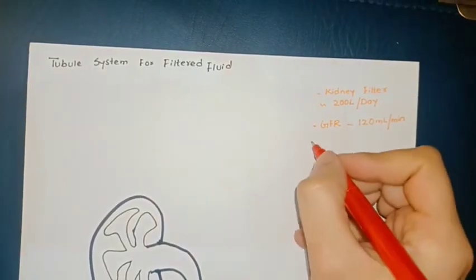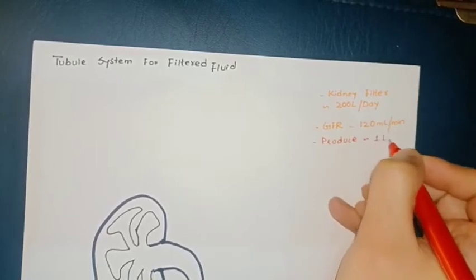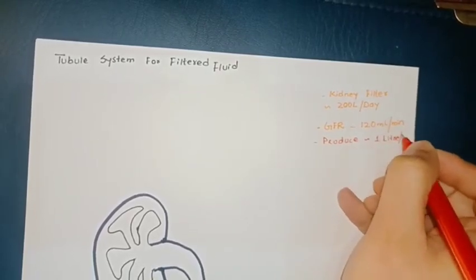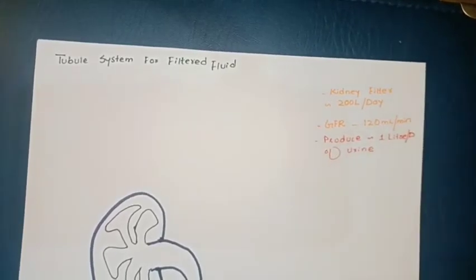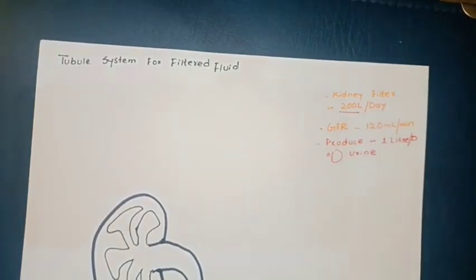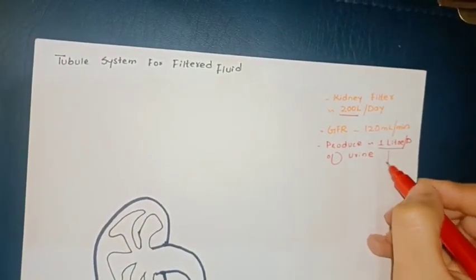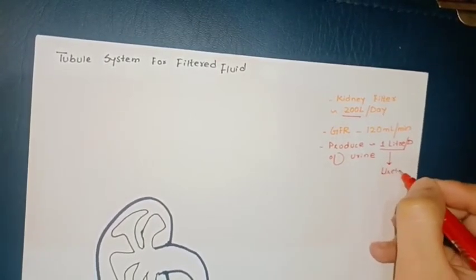It produces about 1 liter per day of urine. So 200 liters of blood is filtered per day, but only 1 liter goes down through the ureter to the bladder.